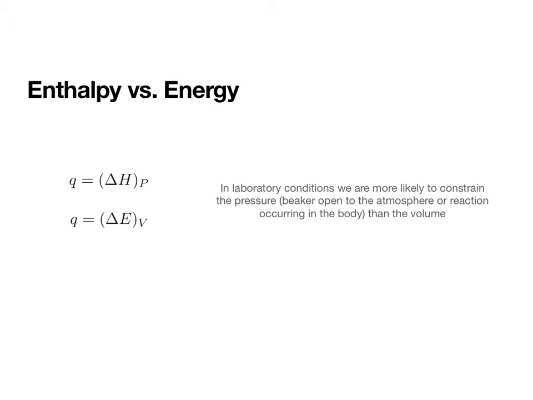In laboratory conditions, we are more likely to be working at constant pressure. So examples of this are a beaker open to the atmosphere, or even a reaction occurring in the body, that these allow the volume to change, but not the pressure.